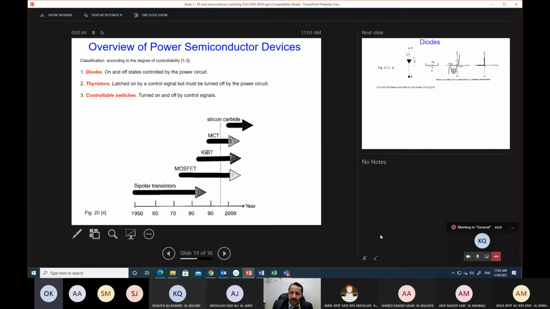Now, if I want to classify semiconductor devices, you remember we discussed semiconductors in level 2. We mentioned that for semiconductor devices we use semiconductor material, mainly silicon or germanium, today mainly silicon. We make doping with impurities to have p-type and n-type. We put them together to come up with a p-n junction, the p-n diode.